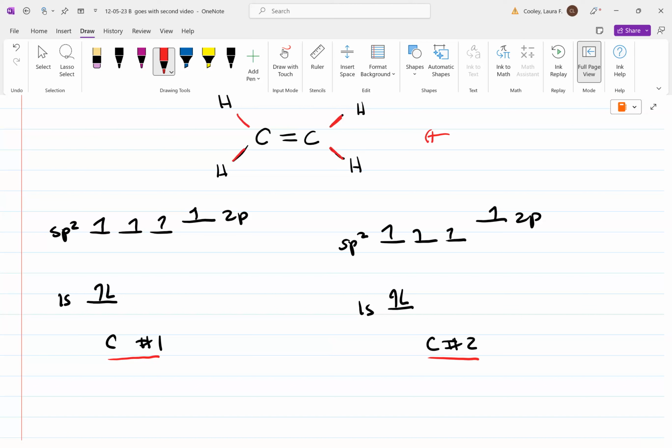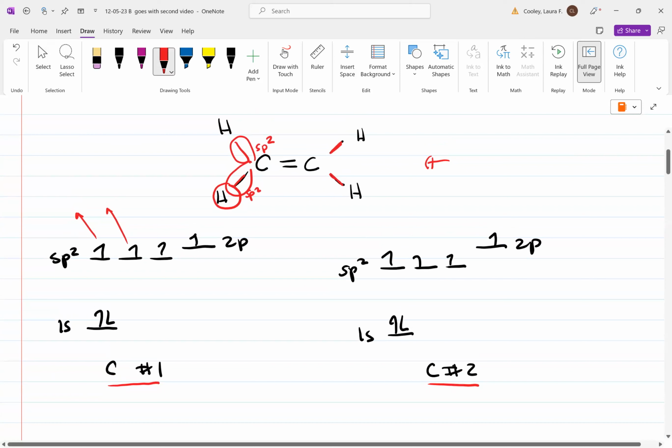So if we talk about the sp2 hybrids on this carbon, we have basically these 3 things sticking out. 2 of them are going to overlap with hydrogen 1s orbitals. So the 2 that I've circled here are sp2 hybrids on the carbon, and they will overlap with 1s orbitals on each hydrogen.